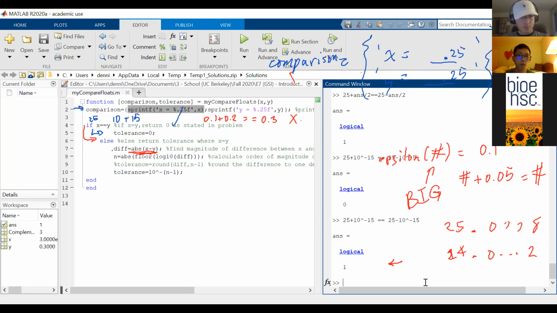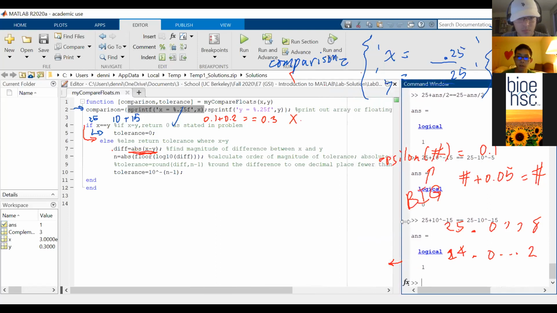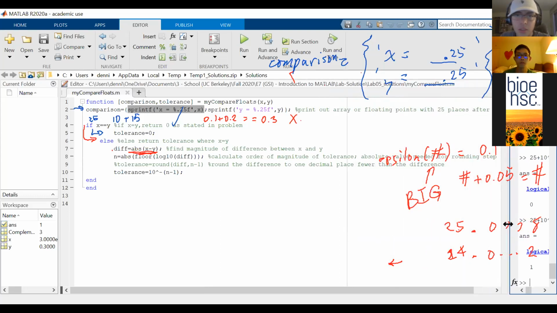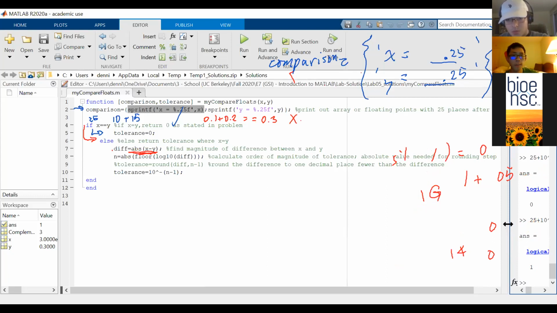So this next one, let me just move this to the side if that's okay. And let me erase some of these. So the next line is the absolute value of floor of log 10 of the difference.